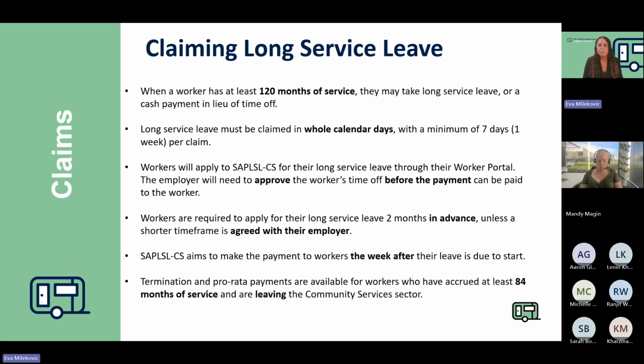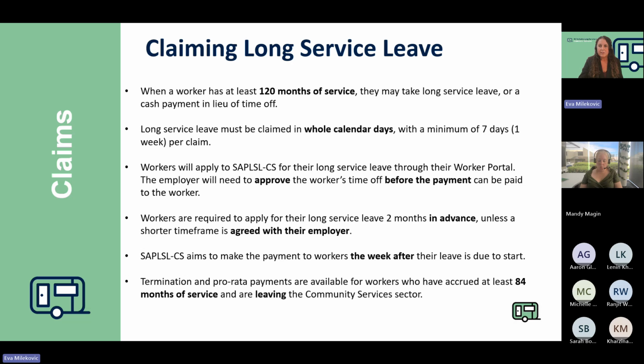Let's talk about how workers claim long service leave. Workers who have completed at least 120 months of service can either take time off or request a cash payment instead. Leave must be claimed in whole calendar days, with a minimum of 1 week per claim.